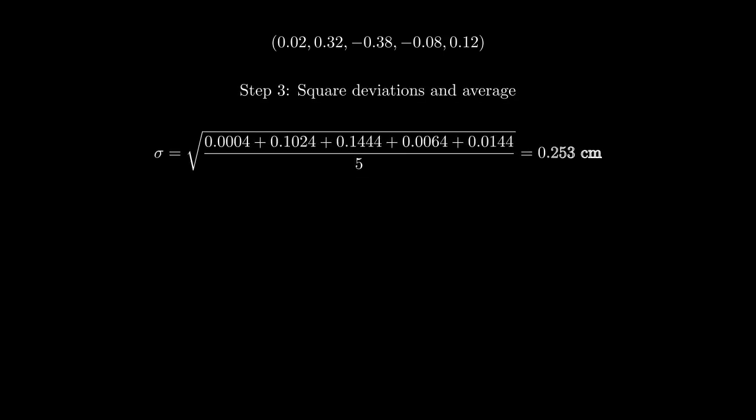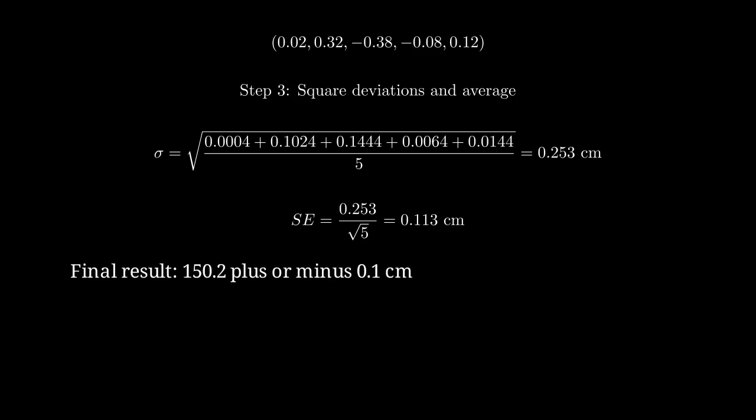This gives us a standard deviation of 0.253 centimeters. The standard error equals 0.253 divided by the square root of 5, which is 0.113 centimeters. Our final result is 150.2 plus or minus 0.1 centimeters, where we've rounded appropriately.